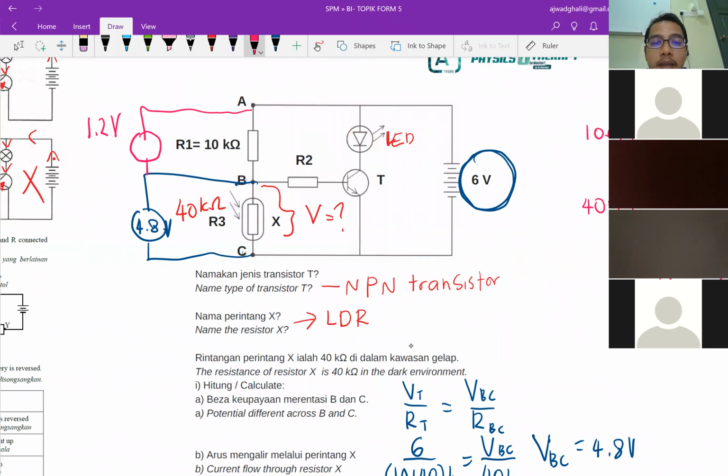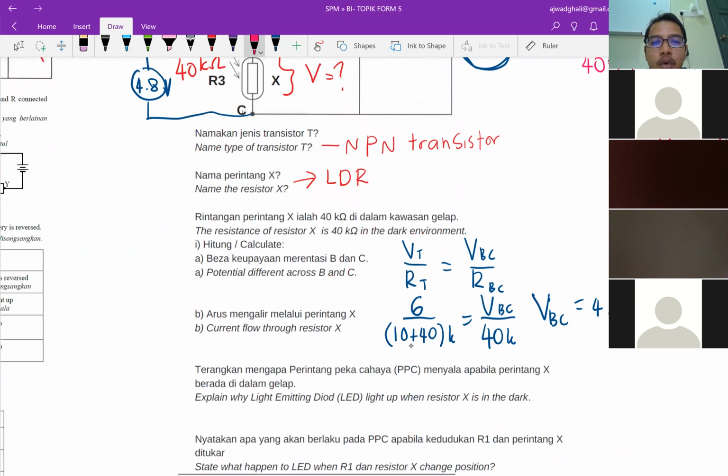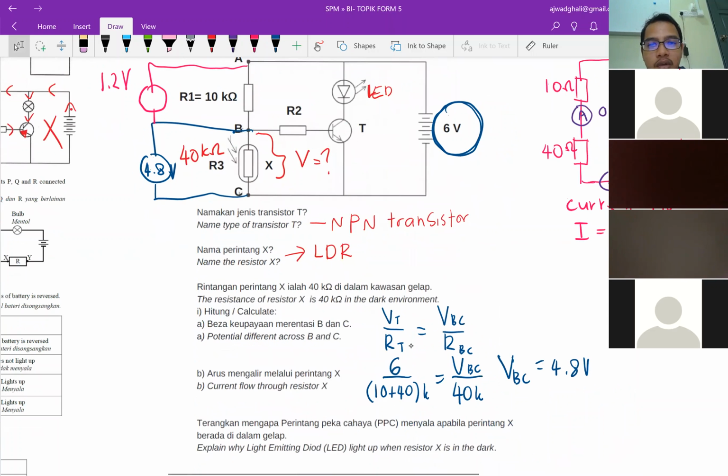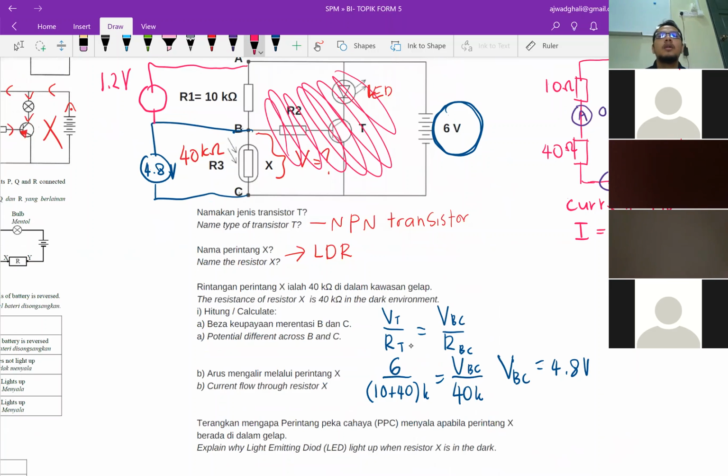So basically, if this question came out in paper 2, it is not about electronic. It's about electric. You just need to think that all this in the middle doesn't exist, and just use a formula related to electric.